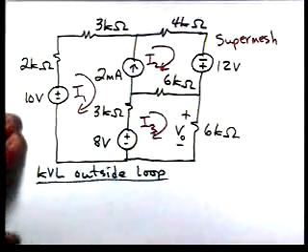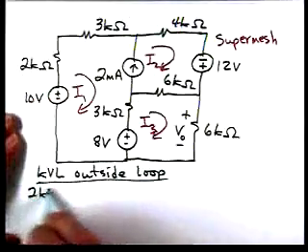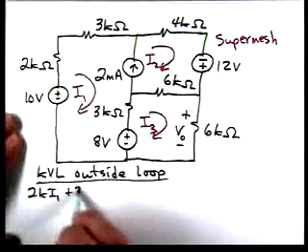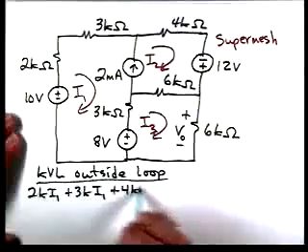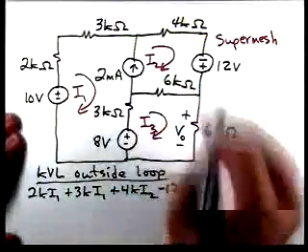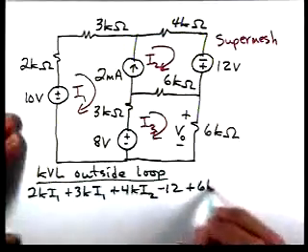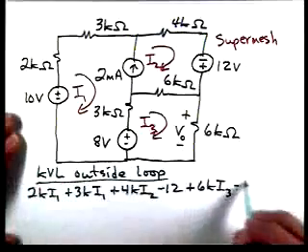a loop. So if we start here and go around, start with the 2K, we have 2K I1 plus 3K I1 plus 4K I2 minus 12 plus 6K I3. We come back around, we'll have minus 10.